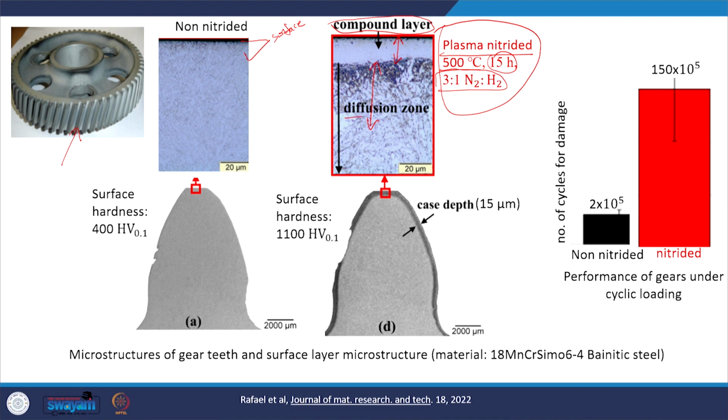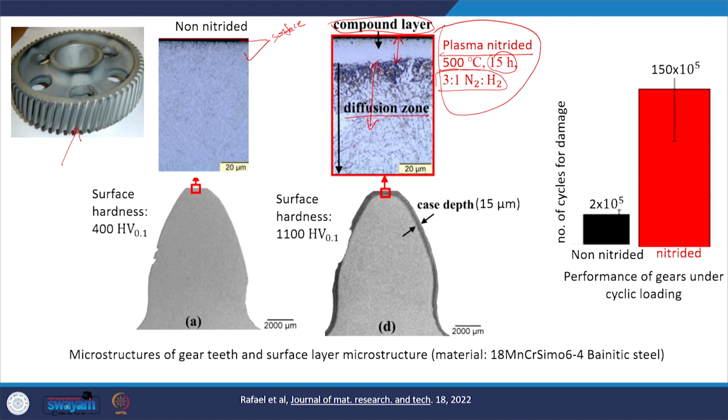That is called the diffusion zone. So, whenever somebody is selling a nitrided part, they will say that you will have a hardened layer up to this depth. That means, if somebody is providing this kind of nitriding service, they need to report up to what depth they could give the increased hardness.